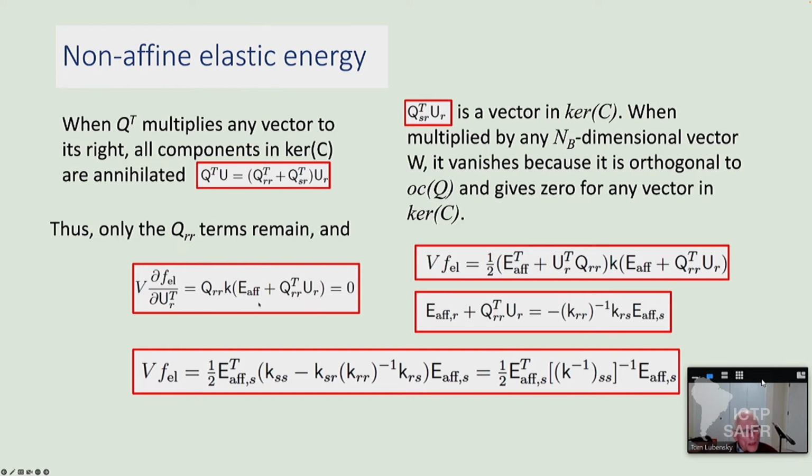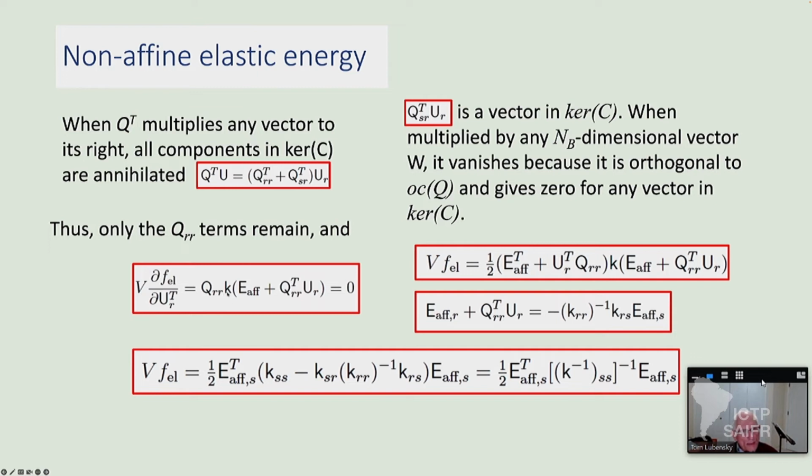As E affine R plus E affine S with a K, and the K has an RR and an RS part rather. So I kill this guy, I have KSR plus KRR on E affine plus this.